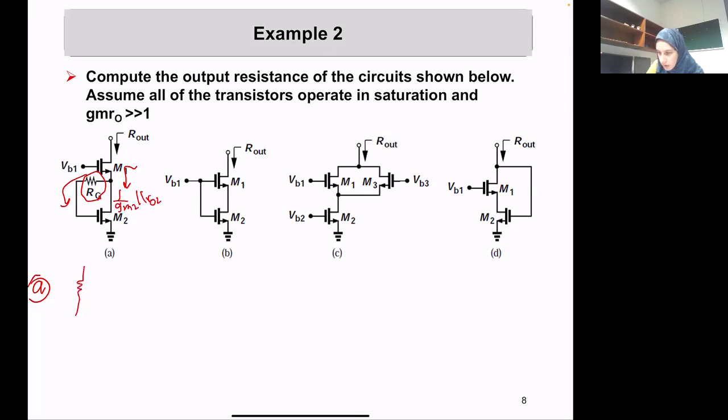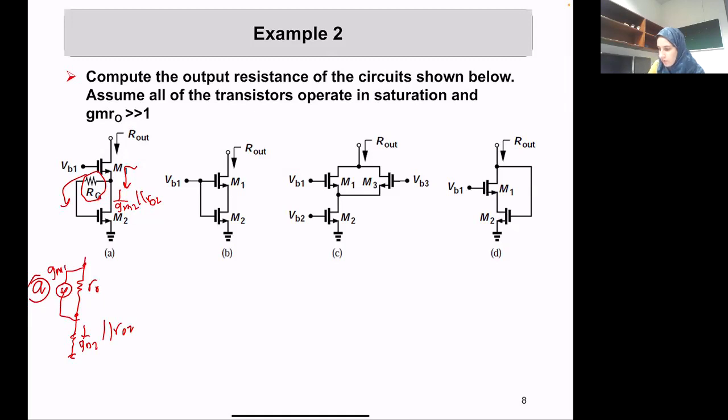It will look something like this. This is R out 1, and down that we see is basically R out 2. I should draw here.